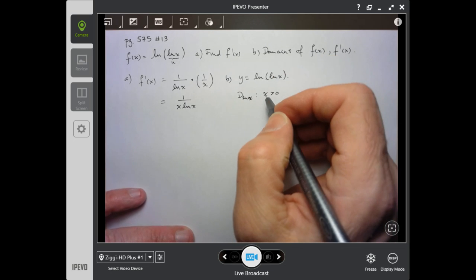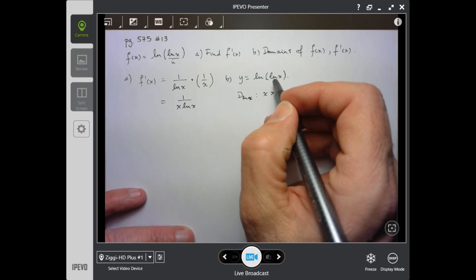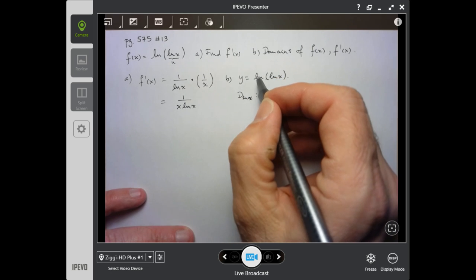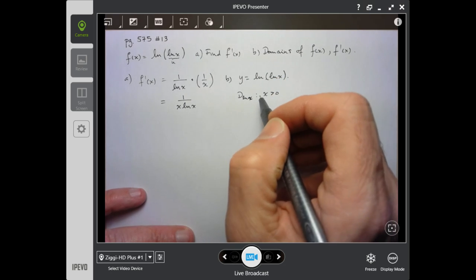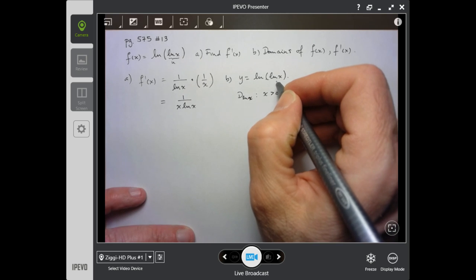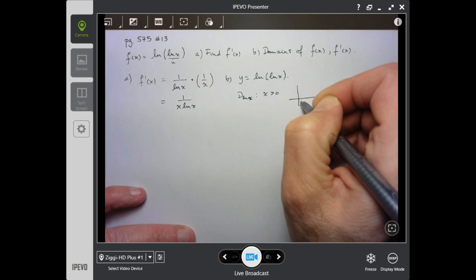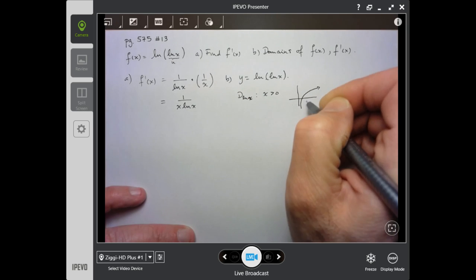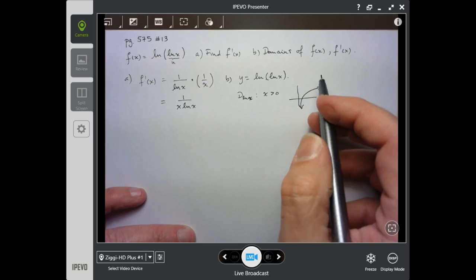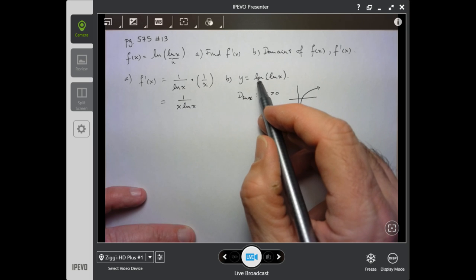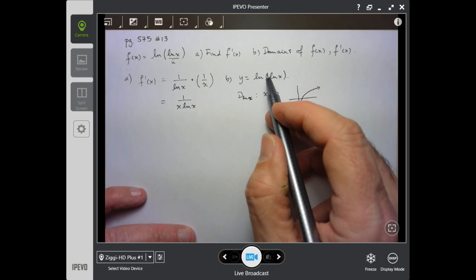But then the second part is that the outputs of ln x have to be in the domain of the outside function, which is yet again ln x. So I'm going to do this graphically. I'm going to graph the interior function. ln x we know looks something like that. And I'm only going to take those values whose outputs are in the domain of the second function. So again, what do you need to be?